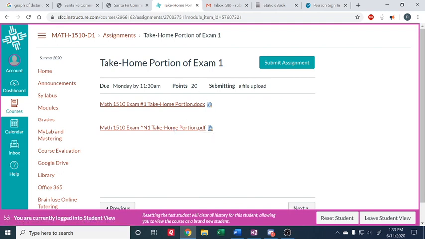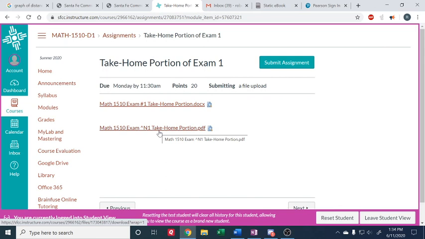This is due Monday at 11:30 a.m. So on Monday, before we have class, upload your answers for the take-home portion of exam 1. This does include the 2.1 material that we just covered today. Those kind of problems are in this take-home as well. So you probably want to do the 2.1 first, and then work on these problems and get them uploaded.